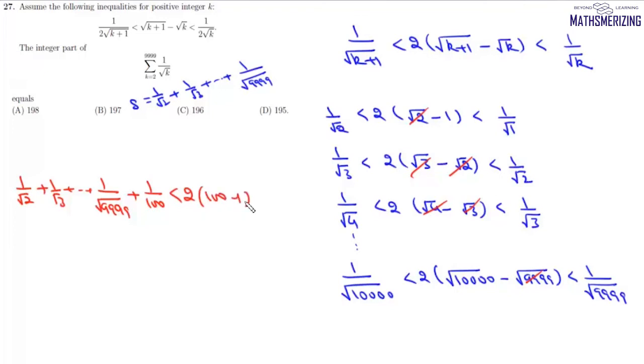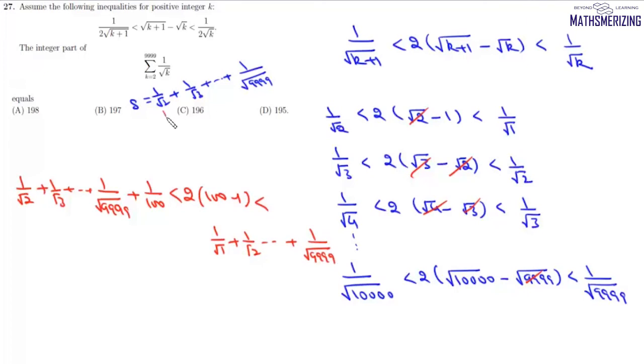minus 1, and it will be less than this sum, which is 1 upon root 1 plus 1 upon root 2 up to 1 upon root 9999.